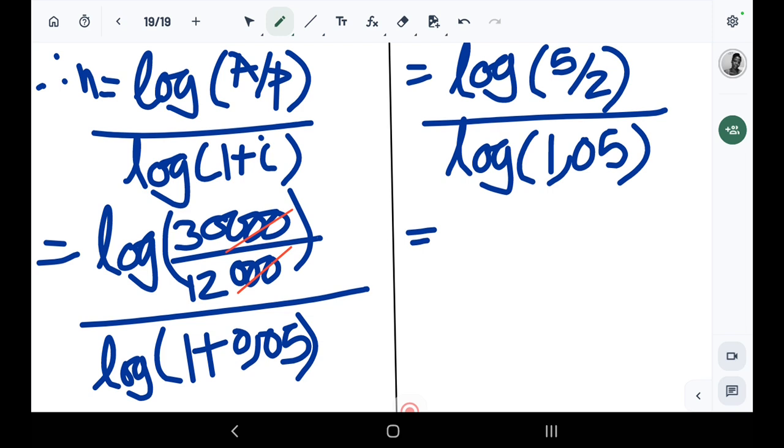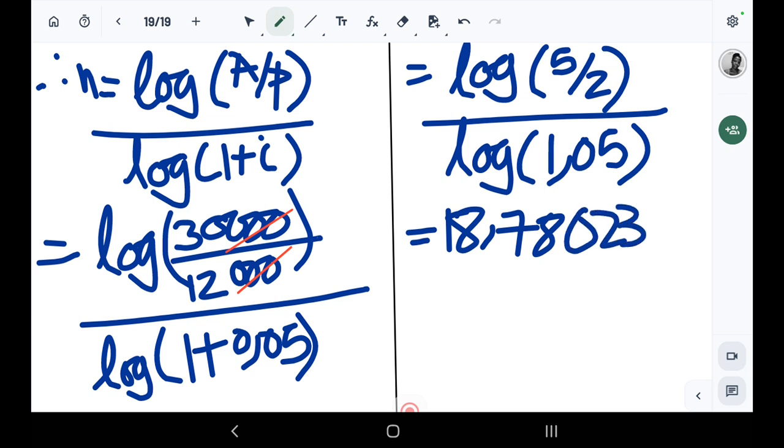The open bracket is there. Now that's 1,09, close bracket, and that is equals, and that gives you 18,78023 and so on, which is approximately.